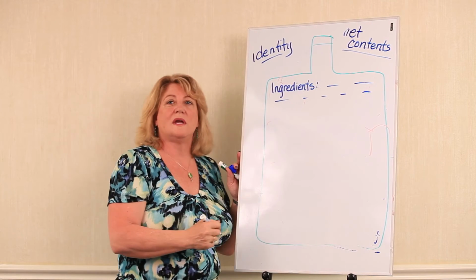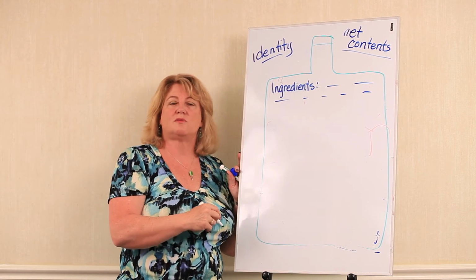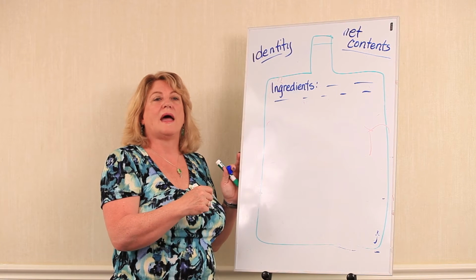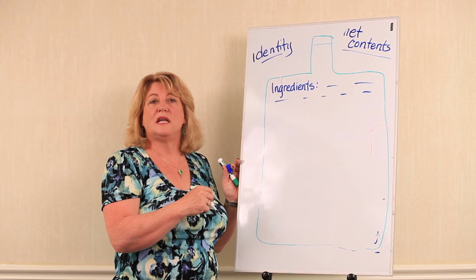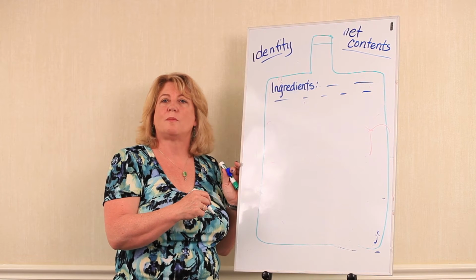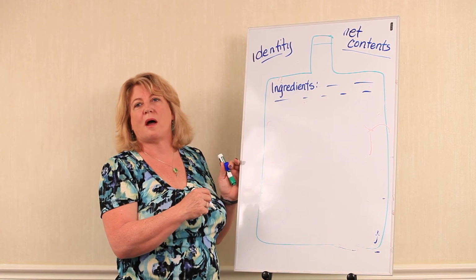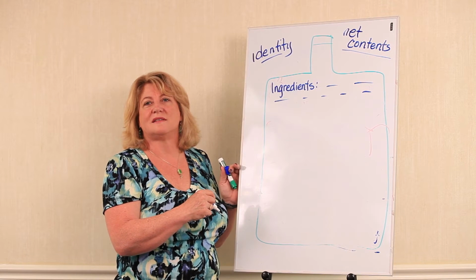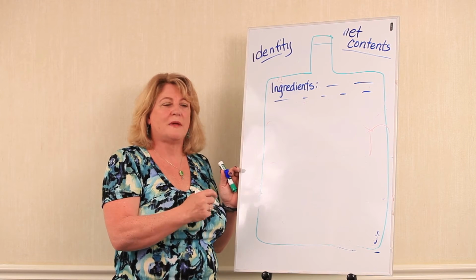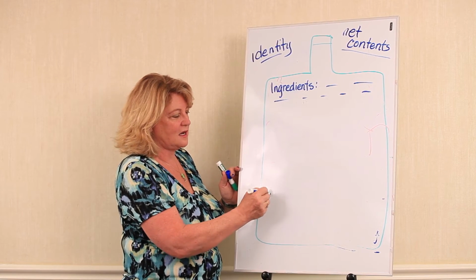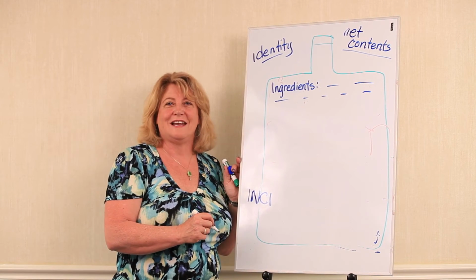And they go in descending order of predominance, which means that the most goes first and then the next one and the next one. And you also need to use the common name for the ingredients, and that's usually the name that's been agreed upon by the cosmetic industry as the International Nomenclature of Cosmetic Ingredients, or the INCI name.